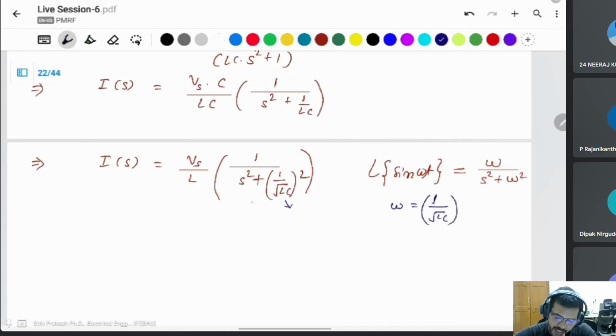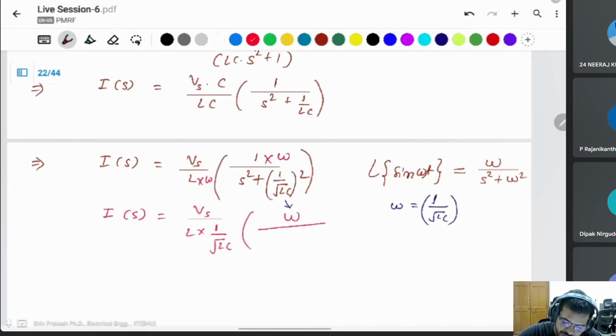We multiply and divide by omega. So Is is equal to Vs divided by L, omega is 1 by root of LC, so this is omega divided by S square plus omega square.